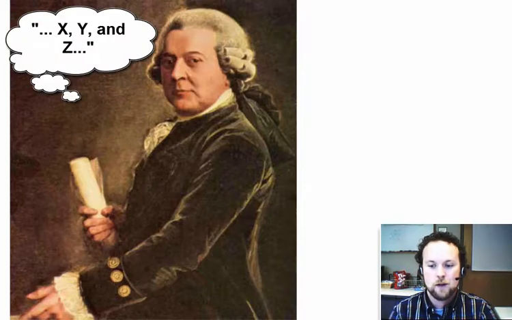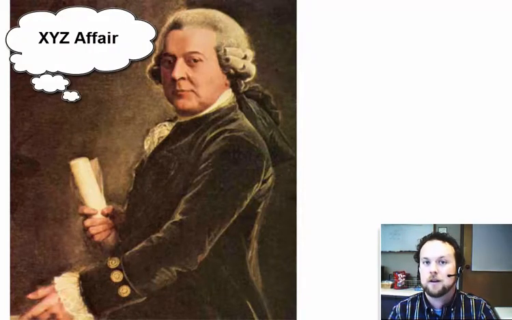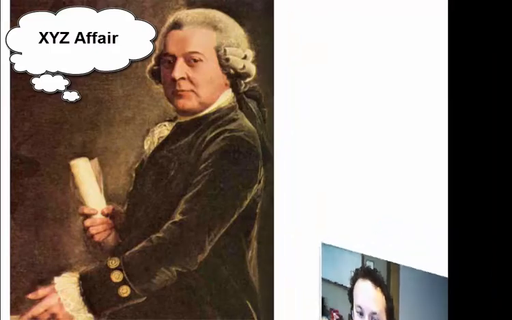When Adams addressed Congress with the French proposal, he didn't name the French diplomats, he just referred to them as X, Y, and Z, which is why this has come to be known as the XYZ affair.